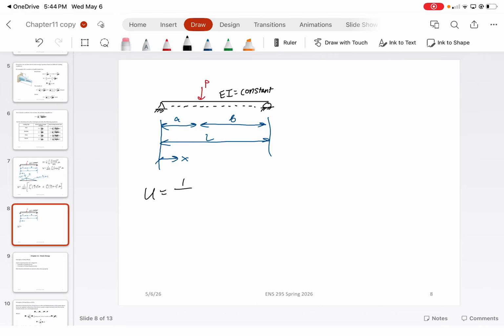So that first integral is just going to equal 1 over 2 EI.